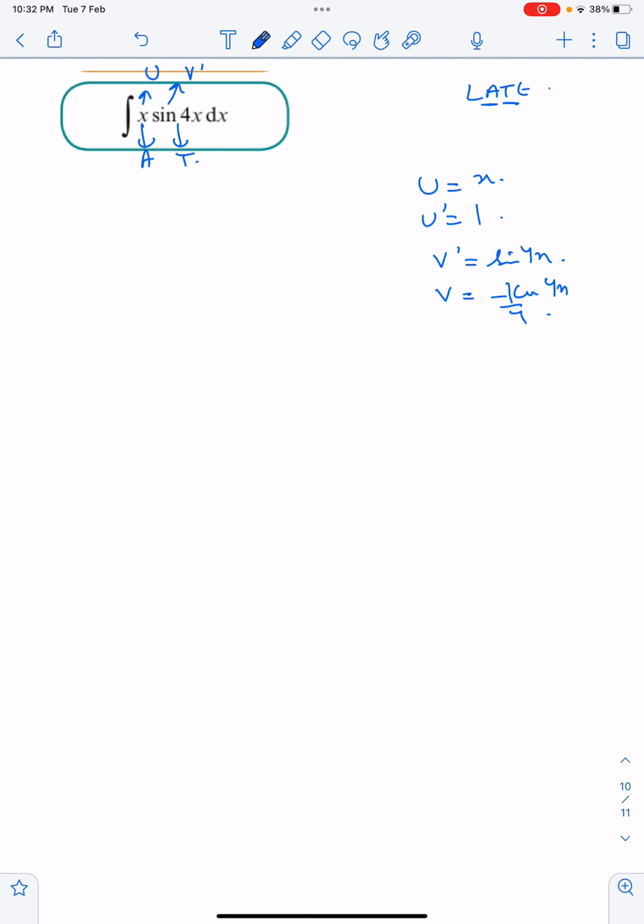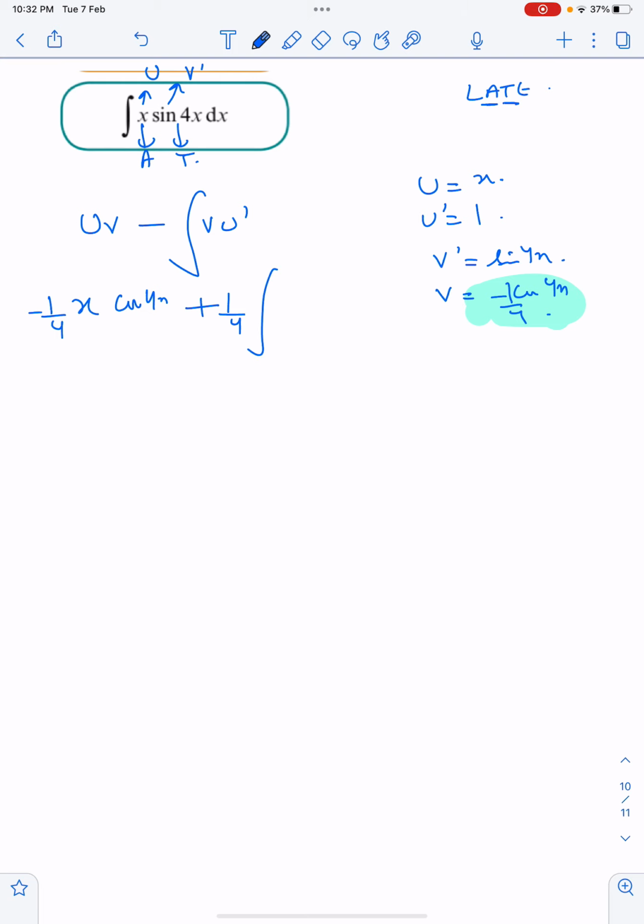Okay, the formula for integration by parts is uv minus the integral of v u dash. u is x, v is minus 1 upon 4 cos 4x. I'm multiplying these two. Minus v is negative 1 upon 4 cos 4x, so negative into negative becomes positive 1 upon 4 cos 4x.